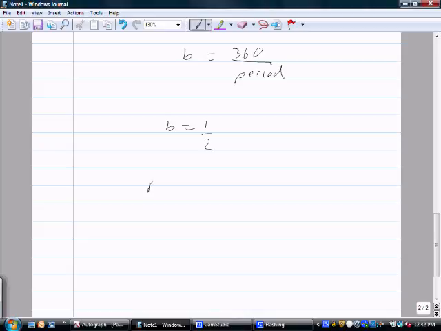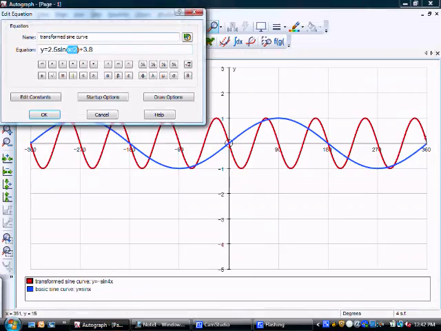So the period is 360 divided by a half. Of course, if you divide by a fraction, it's the same as multiplying by its reciprocal. So it's just 360 times 2, 720. So the period will be 720, and the principal axis will be y equals 3.8. It will be shifted up 3.8 units.